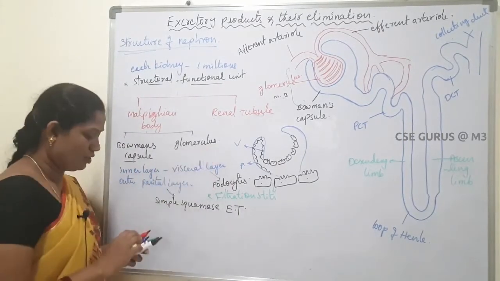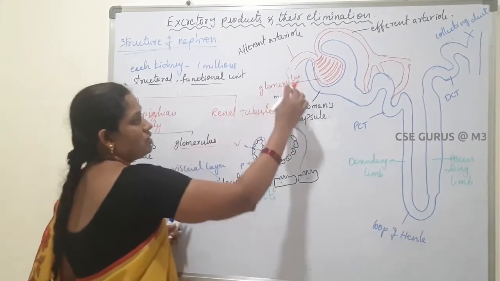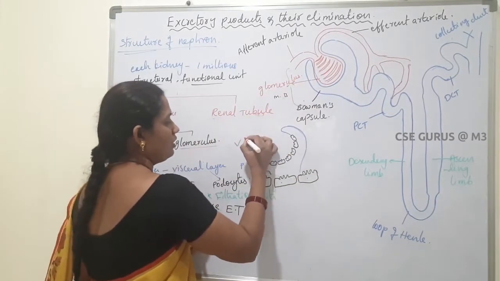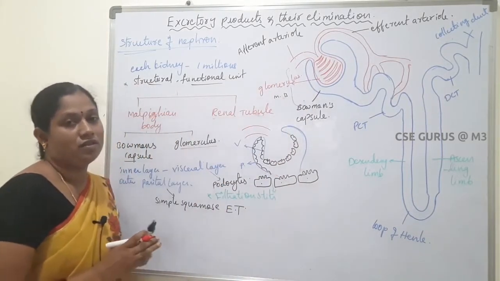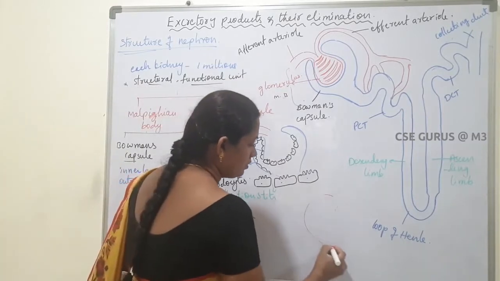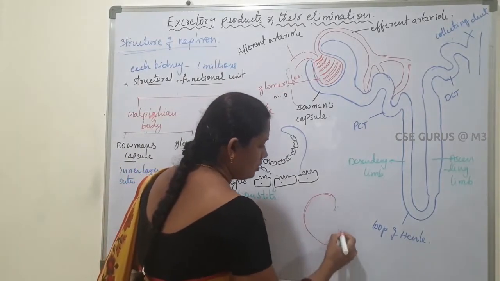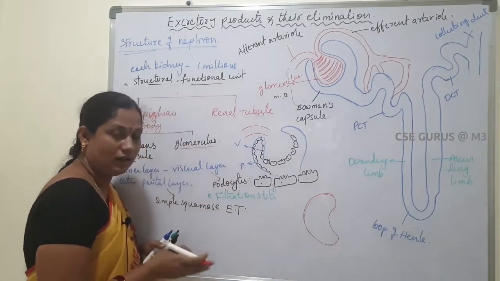Next, the glomerulus. Here in this cup-like structure, there is an afferent arteriole. In each kidney, this concave surface is called the hilum.